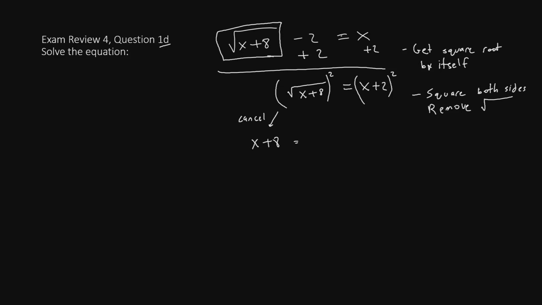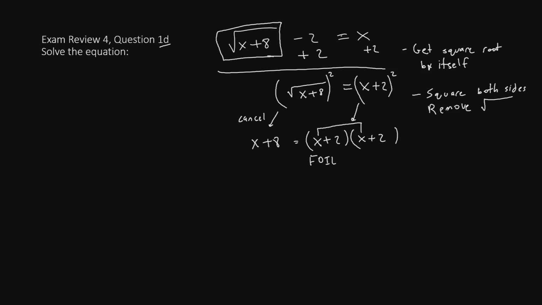On the right side, we now have x plus 2 squared, and when you have a binomial in parentheses, we'll just write it twice. Now, let's do the FOIL method. Try to simplify the right side.